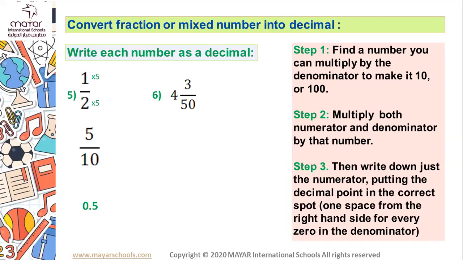Multiply by 2. Multiply it by 2 to get 4 and 6 out of 100. How do I write it as a decimal, Kareem? As a decimal, 4.6. 6. We have 100. 4.06.